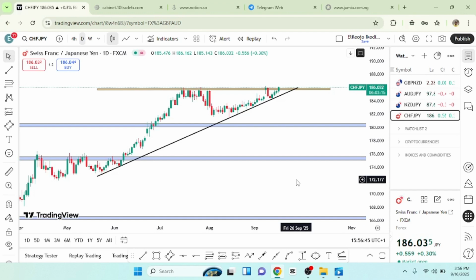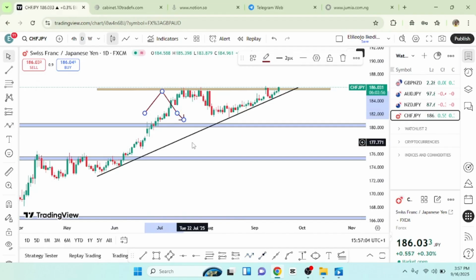Whenever price is moving up, just like you can see here, I'm going to use my arrow to demonstrate this. Whenever price is moving up and then price gets to a particular level and is not able to break above that level, and then price starts bouncing, where it bounces off that level and starts coming down, that level becomes a resistance.